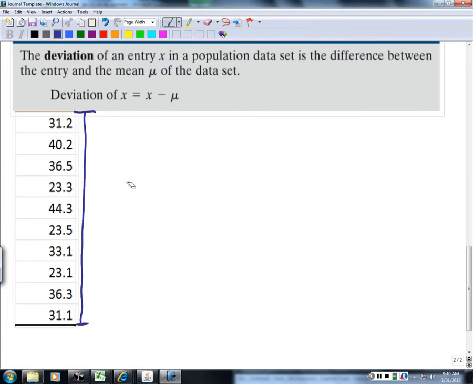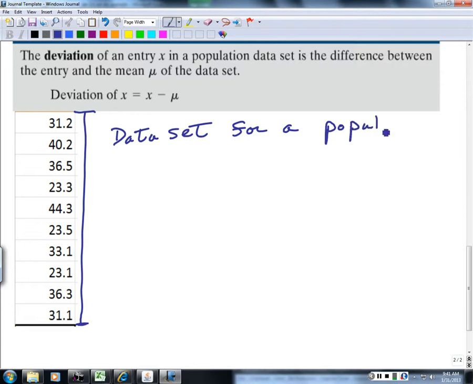This is a data set for my population. Okay. I need to find the mean of this thing to actually be able to understand deviation. But the first thing that I want to do is reorder this, okay? I want to put this in numerical sequence.